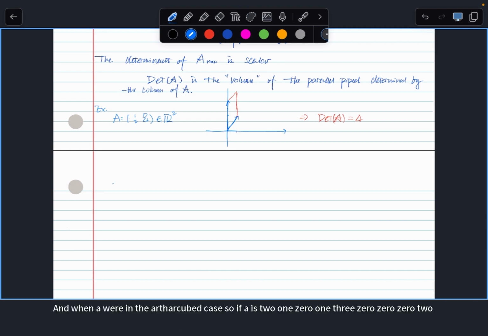And when we're in the R cubed case, so if A is 2, 1, 0, 1, 3, 0, 0, 0, 2.